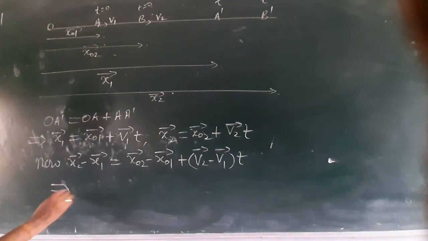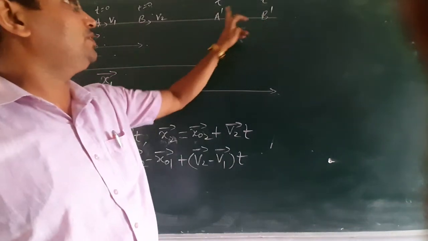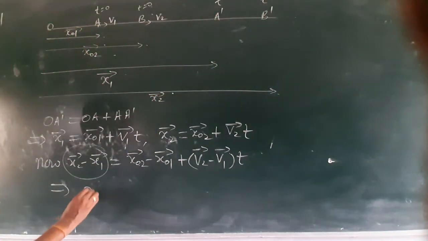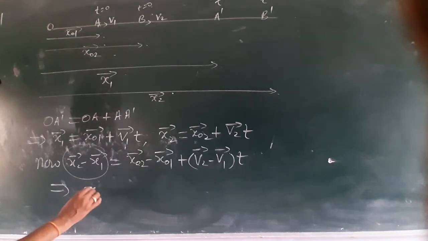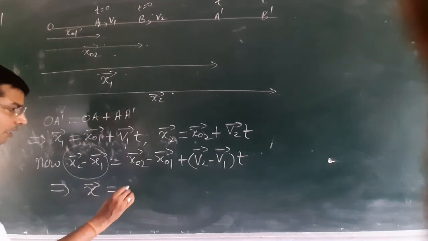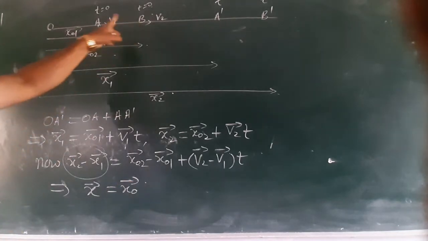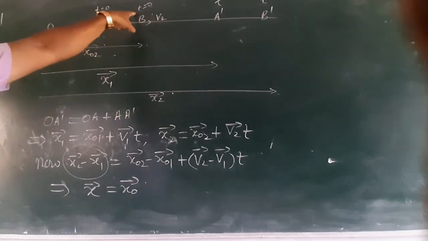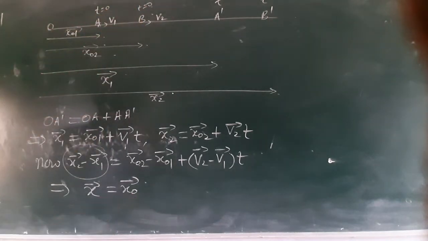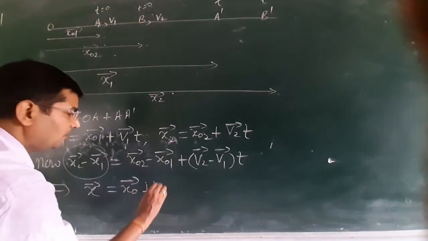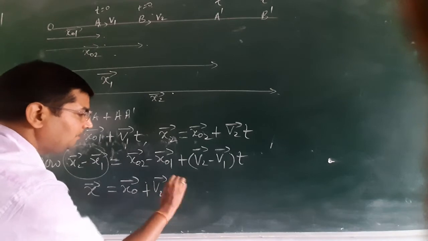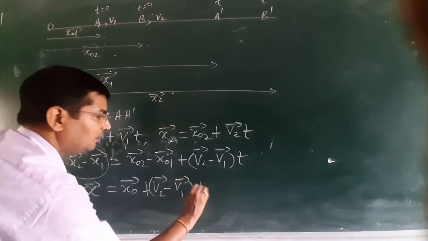And this is the relative position of object B with respect to A at time t, which can be written as x. And x naught is the relative position of B with respect to A at time t equal to 0, meaning this is the initial separation, plus v2 minus v1 into t.